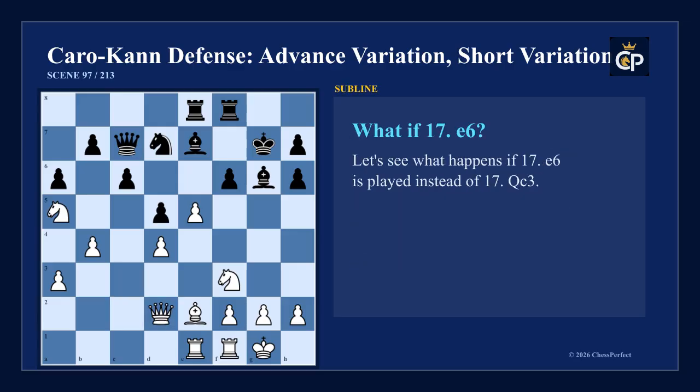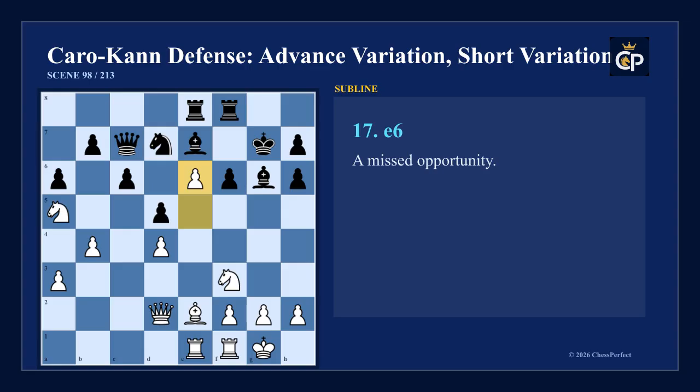Let's see what happens if e6 is played instead of queen c3. e6. A missed opportunity.